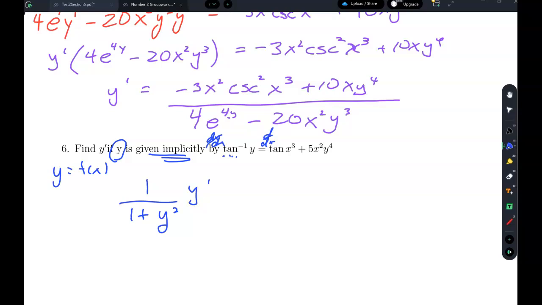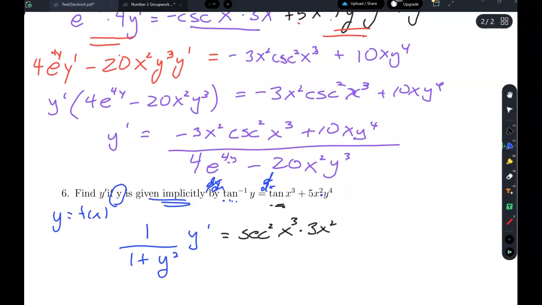This is just easy old tangent. So that's secant squared x cubed times derivative of the angle, which is 3x squared. Then there's product rule again, right?